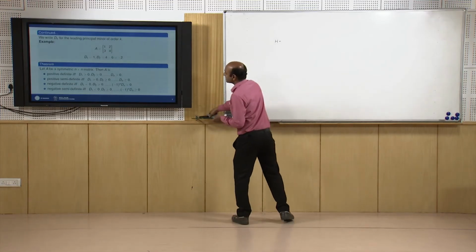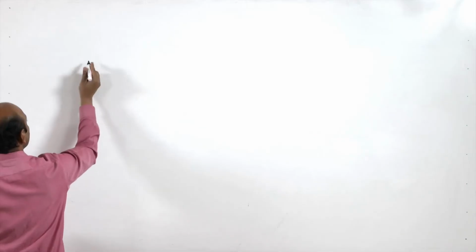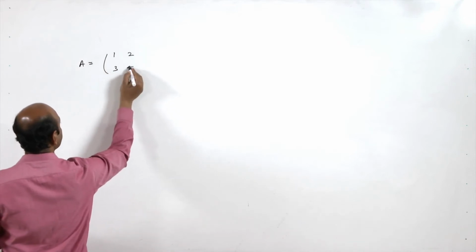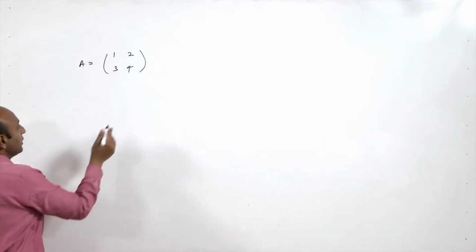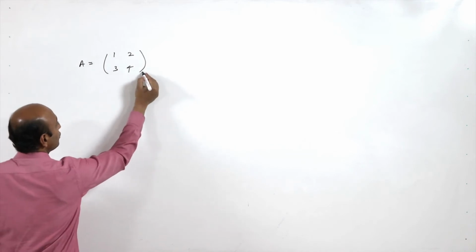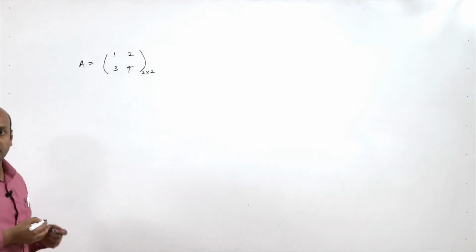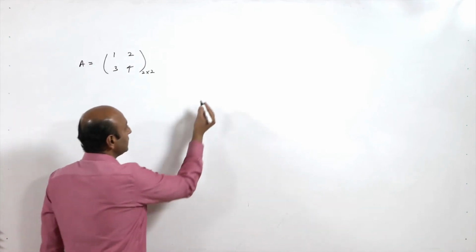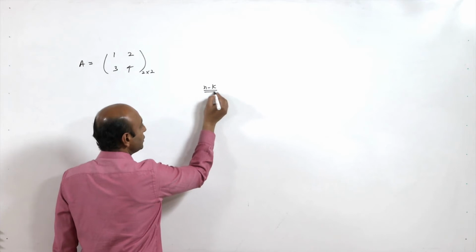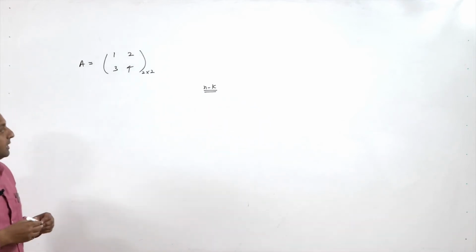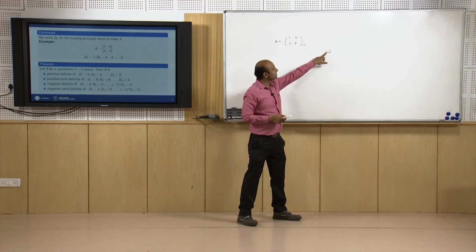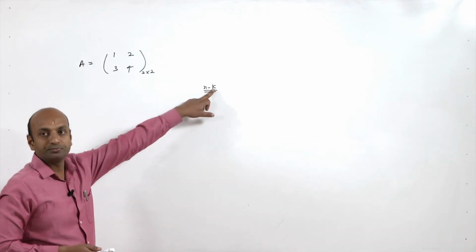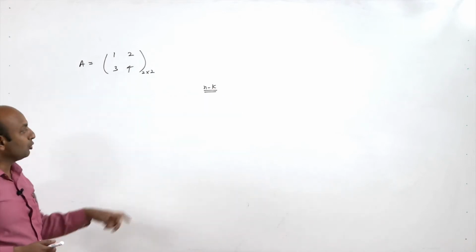Suppose you have the matrix A equal to 1, 2, 3, 4. It is 2 cross 2. You have to delete n minus k rows and columns from the last. Now, n is 2, and k is either 1 or 2. Suppose k is 1, then 2 minus 1 is 1.